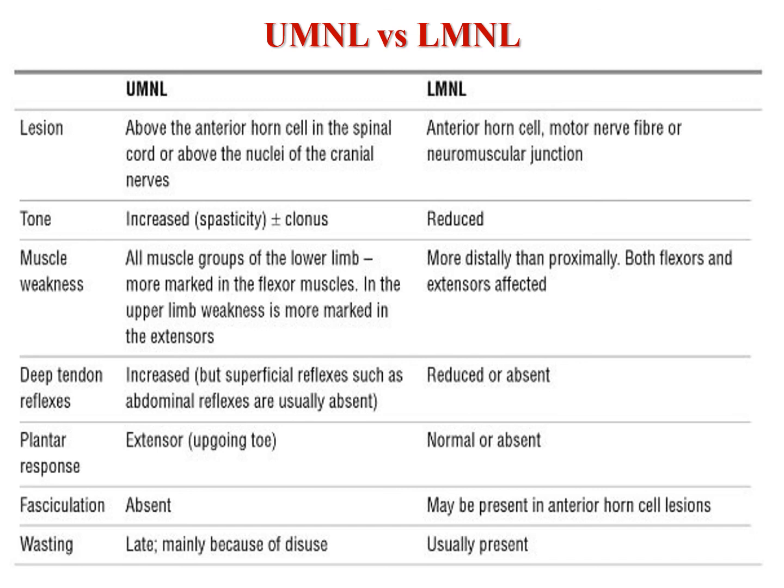Next is muscle fasciculation. If a muscle whose nerve has undergone upper motor neuron type of lesion is examined, we will not find any fasciculation in the muscle fiber. But in lower motor neuron lesion involving the anterior horn cells, there will be presence of definite fasciculations. Lastly, muscle wasting.